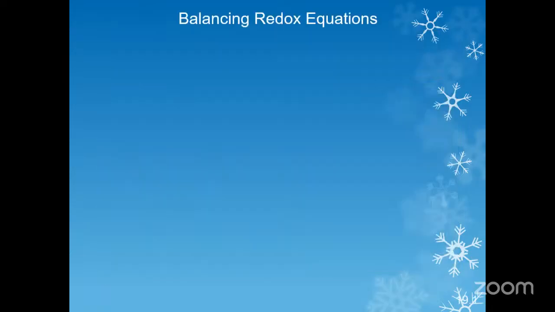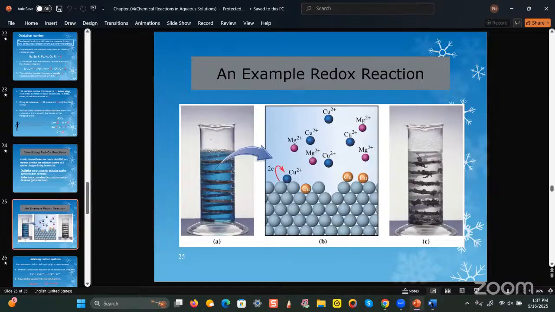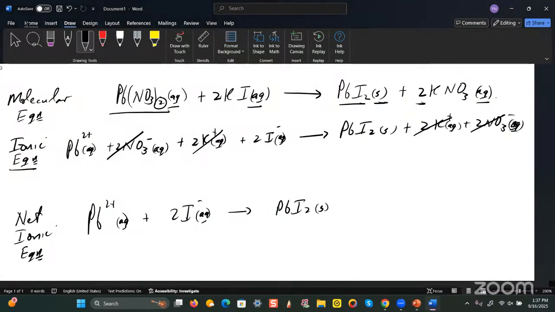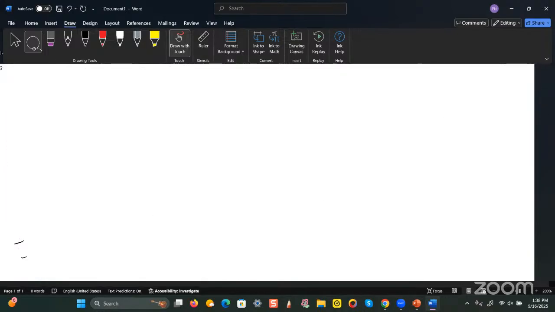Now, the equation for the reaction is, okay, let me just get out of this here and go back forward. Okay, so this is the reaction that is taking place.